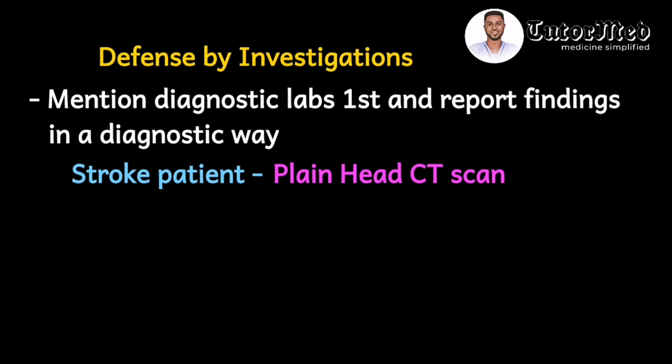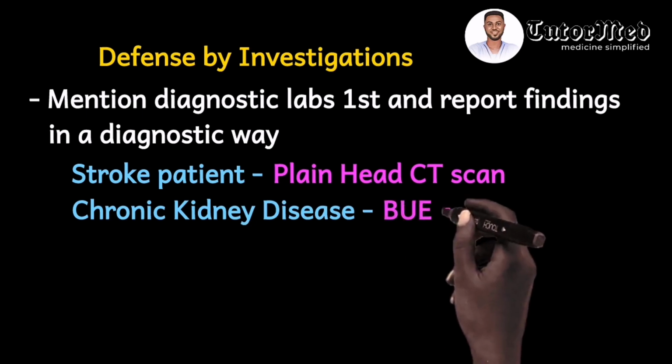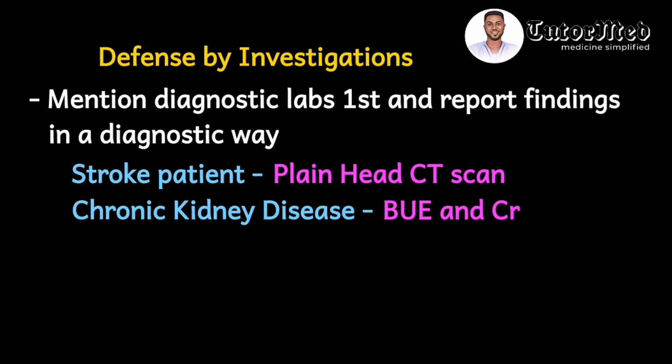Let's take CKD as another example. We are presenting a case of CKD. The first investigation should be blood urea, electrolytes, and creatinine, because we need an elevated creatinine to see whether the patient has an impaired renal function or not. Then, a urinalysis should be done for evidence of renal damage, including proteinuria, hematuria, or sometimes broad casts, which can indicate an advanced CKD.